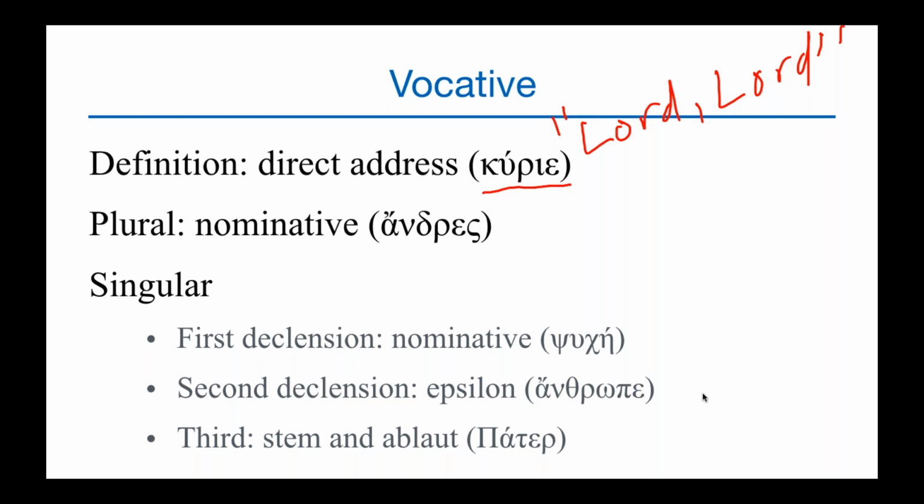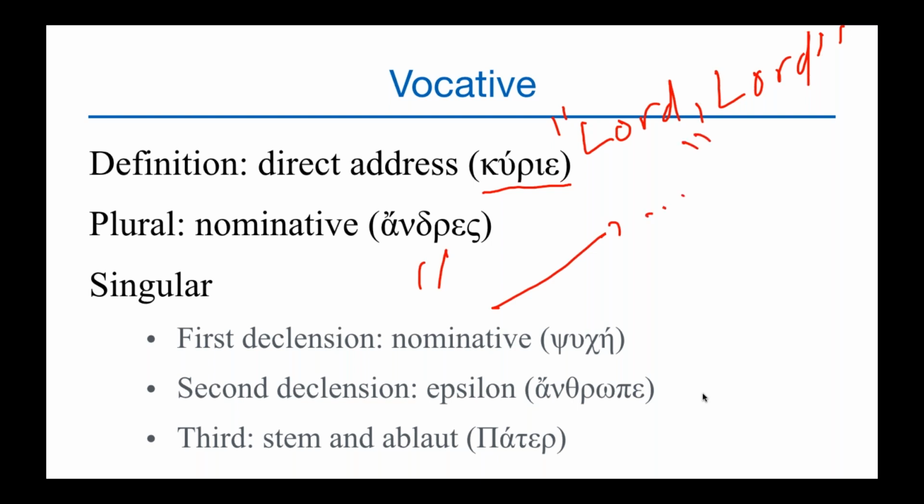And it's the form that you use whenever you're addressing somebody. Now, you can see here what it looks like, and we're going to go through a couple things to show it to you. Most of the time, you're going to be able to tell what this is because it's going to be set off with whatever the word is and then a comma in a direct quote.